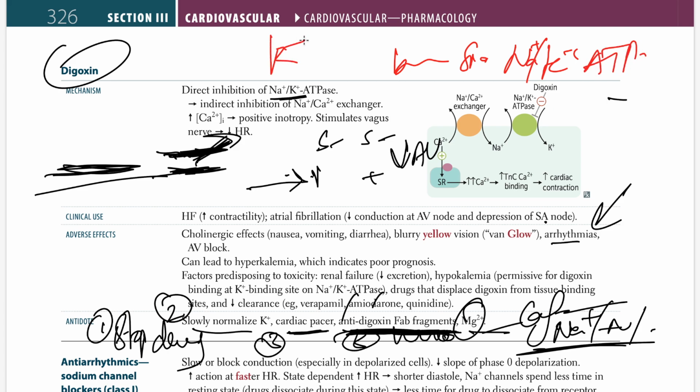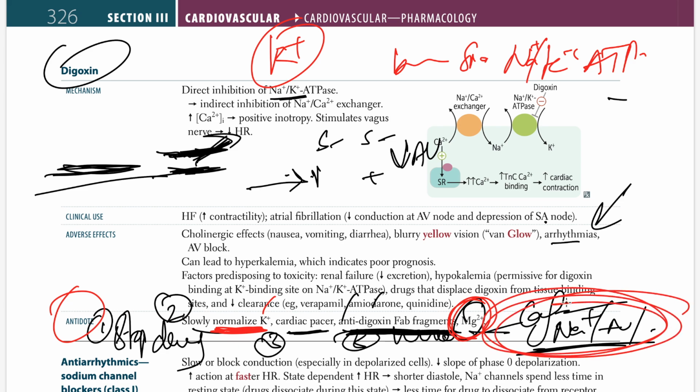That is why for the antidote you normalize potassium. You give magnesium as the cofactor for this channel to work, and you give potassium so that the channel starts working. That's one of the things.